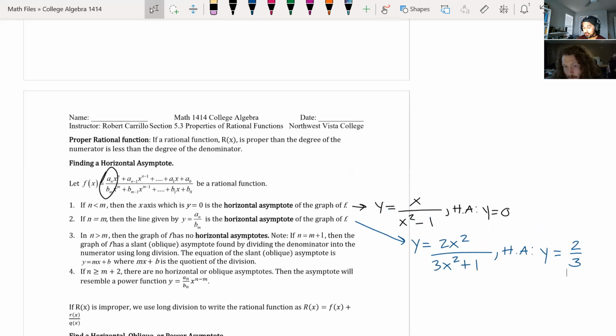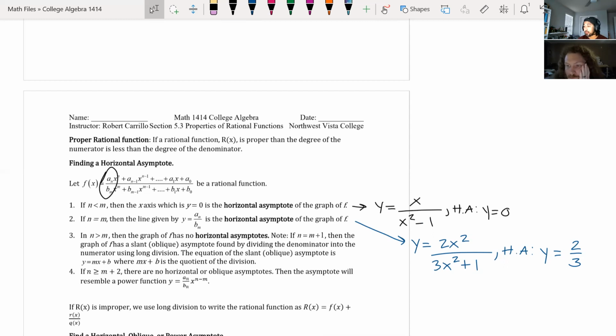Okay. So rule 1 and rule 2 are nice. Rule 3 is the ugly one. Rule 3 says if the numerator is bigger than the denominator, then we no longer have horizontal asymptotes.